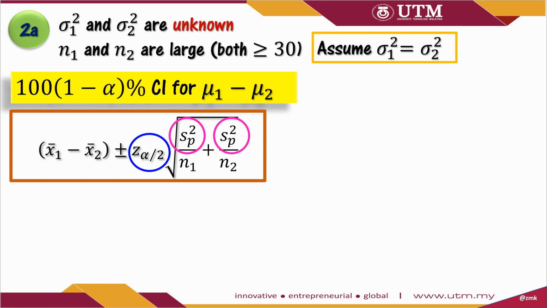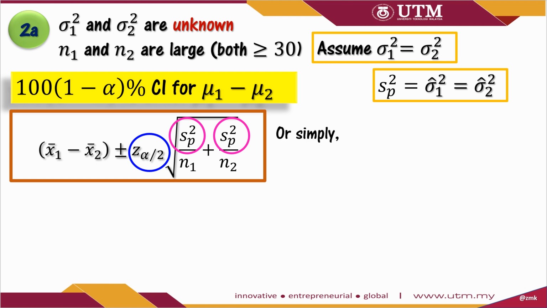Here, SP squared, as we knew earlier, is the weighted or pooled variance used to estimate the unknown population variances sigma 1 squared and sigma 2 squared, which are assumed to be equal, in this case 2A.